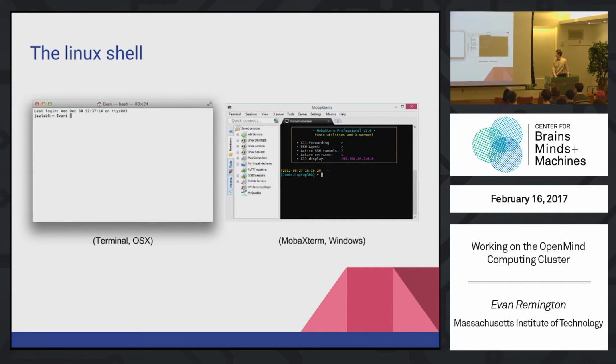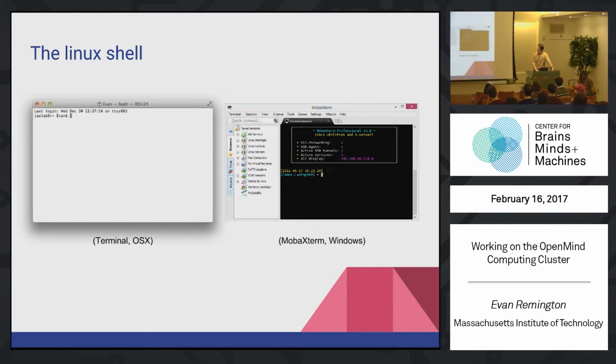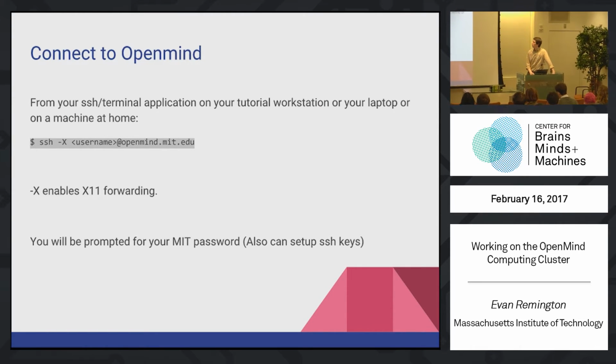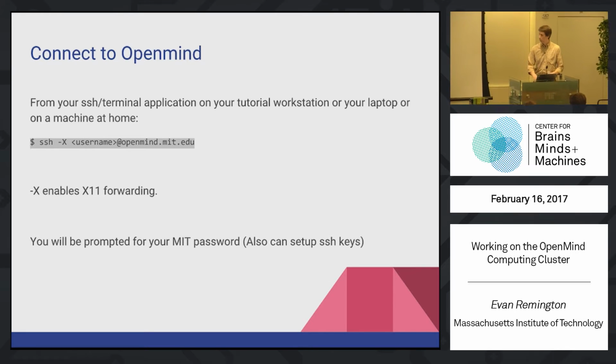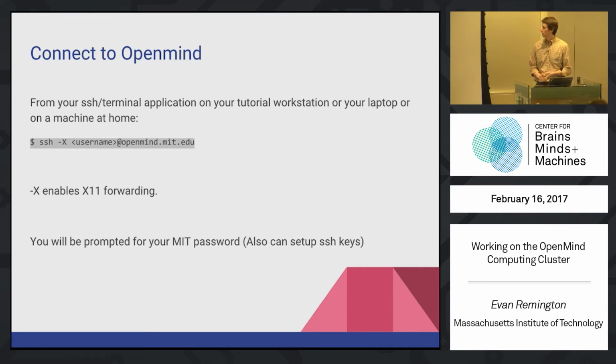So these are just what a shell looks like. This is what it looks like in OS X on the left, and then Obiectives in Windows on the right. So I would say now is a good time to try connecting to OpenMind, if you haven't already, by using the command ssh.